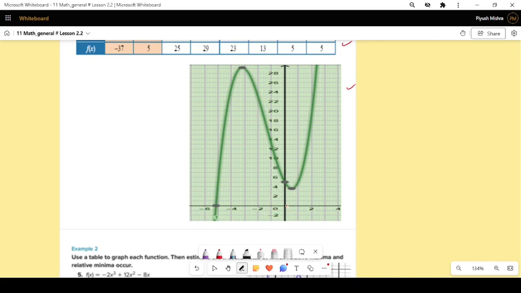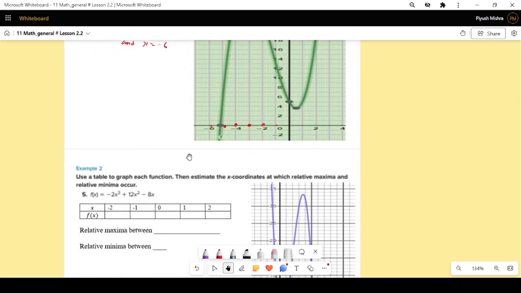If 0 is here, then this one will be 1, this is 2, this is 3, this is -4, this is -5, and this is -6. You can see it is intersecting between -5 and -6. So you will write here between x is equal to -5 and x is equal to -6. Finished. Only this you have to do.